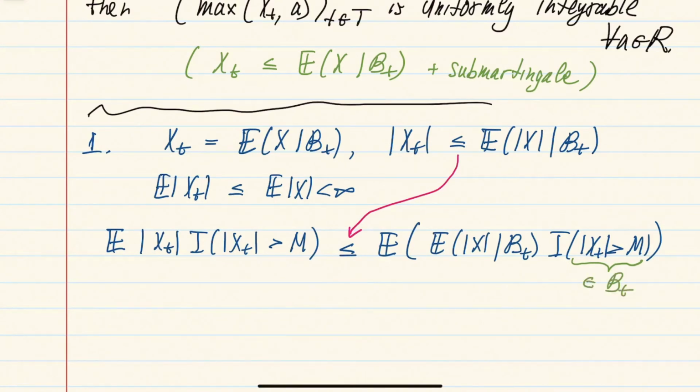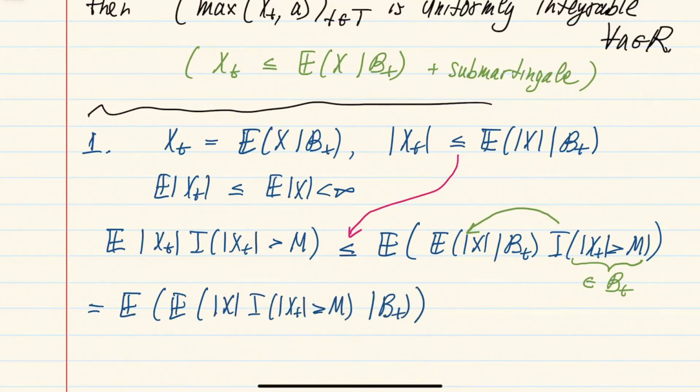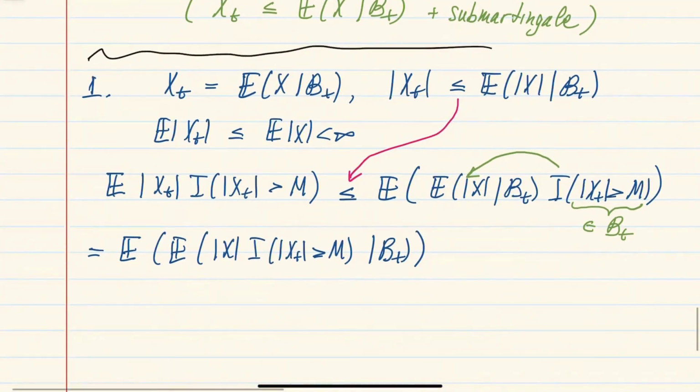So by properties of conditional expectation we can take it inside of this conditional expectation, and we can write this as the expectation of the conditional expectation of the absolute value of X times the indicator. Taking the conditional expectation and then the expectation just gives you the expectation of this absolute value times the indicator.